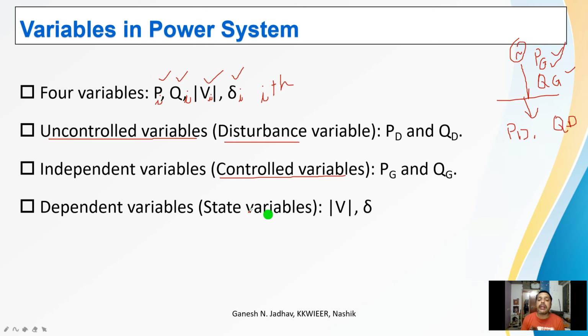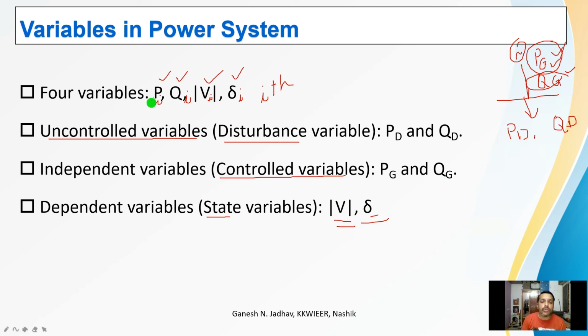The dependent variables are V and delta, because the voltage depends upon the reactive power, and the angle delta depends upon the active power PG. Hence V and delta are the dependent variables, also known as the state variables.